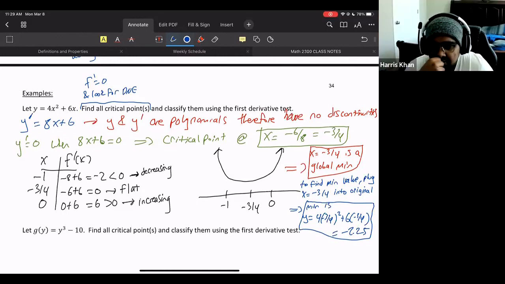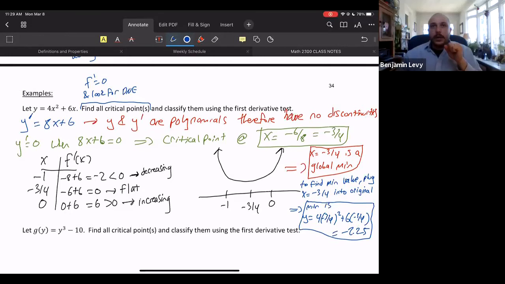I was wondering if there was a way to find the local min. So a global min is also a local min. Local just means that it's the bottom of a trough or the top of a peak. Global just means it's the biggest one. And so this global one is also a local one. Does that make sense?